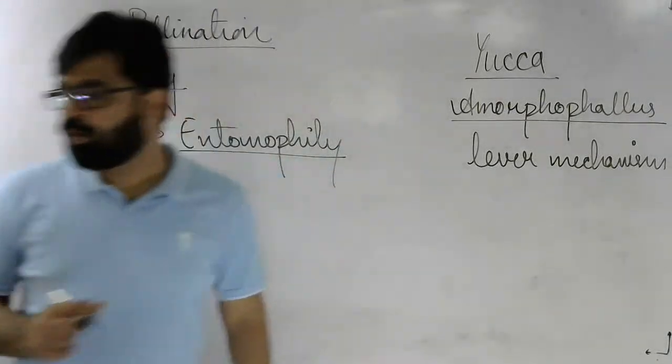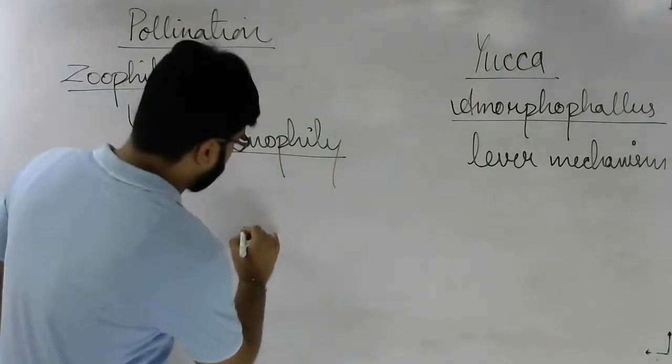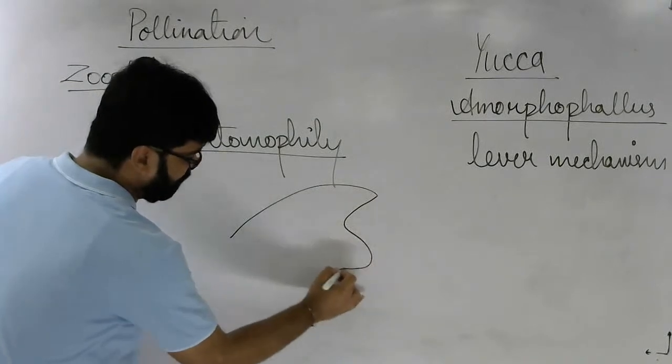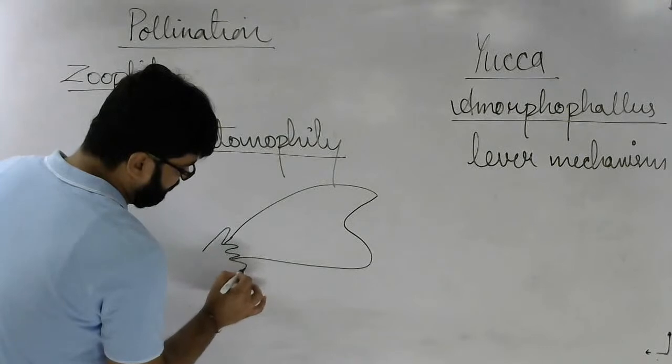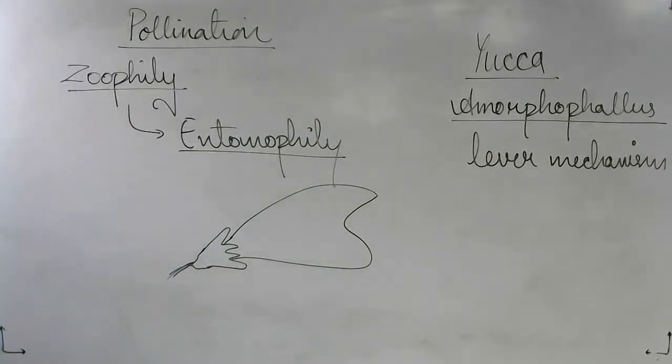Okay? Now what happens in this mechanism? First of all, the flower looks like this. This is the petal, and this is the calyx and pedicel.